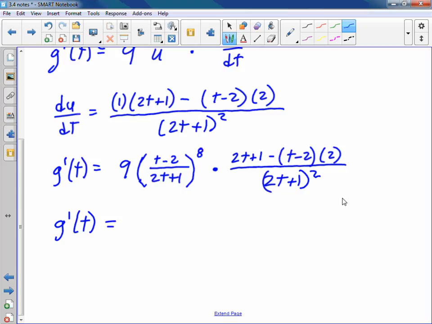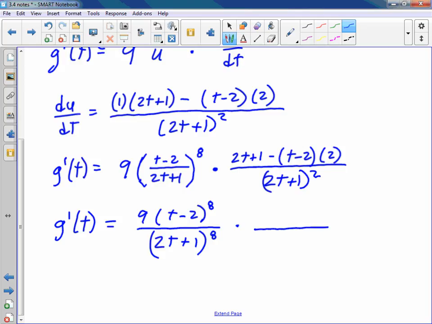You could say it's 9 times (t minus 2) to the 8th over (2t plus 1) to the 8th. Is that cool? Is that all right? I think we're good there. Over. What about this numerator?